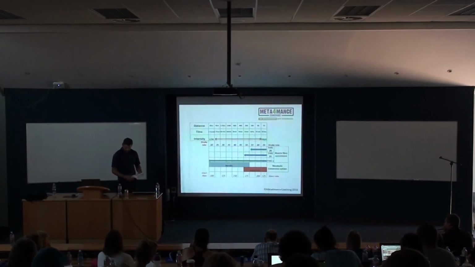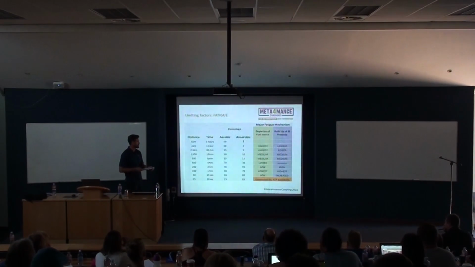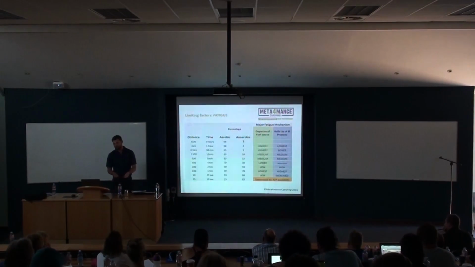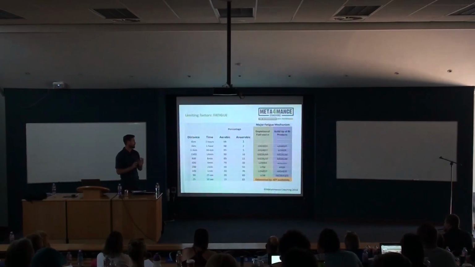All right, so before we speak about speed, let's consider what would be some of the limiting factors. What would be some of the things that would prevent us from swimming faster? And essentially, in a nutshell, there's a sort of a sliding scale as to what the major fatigue mechanism would be.